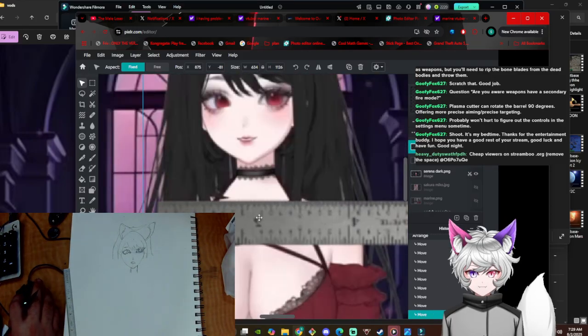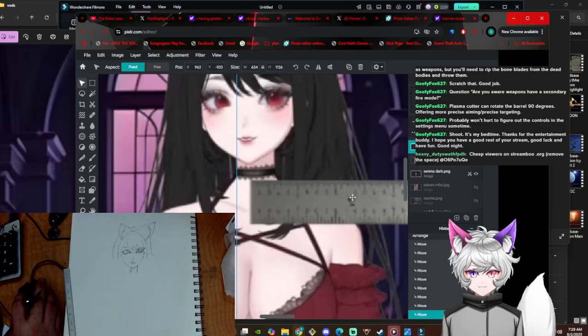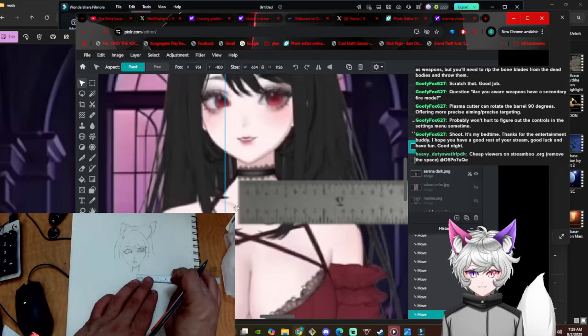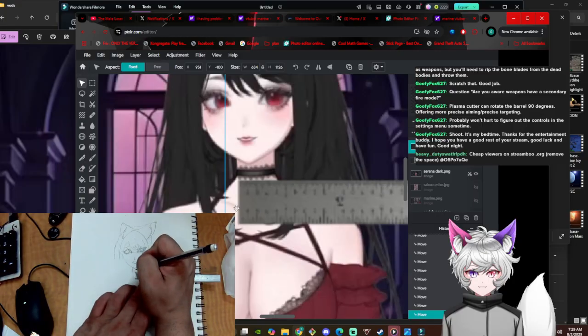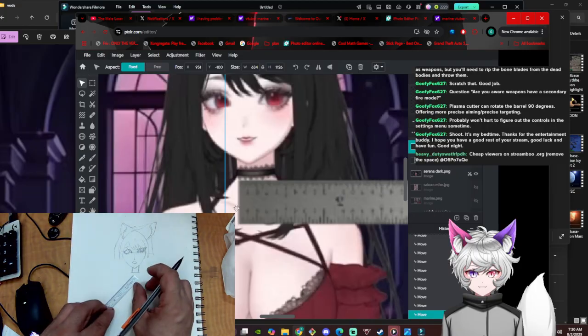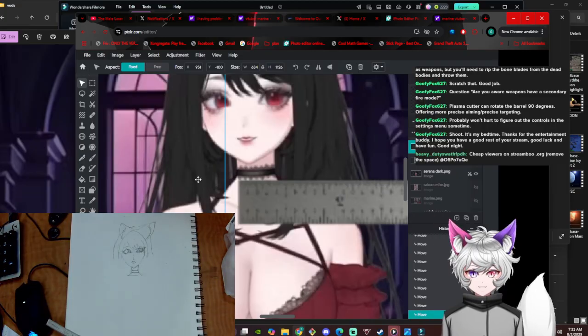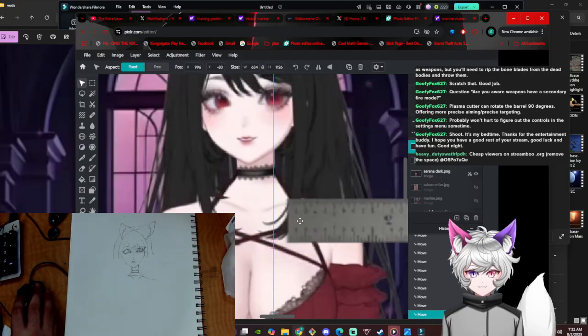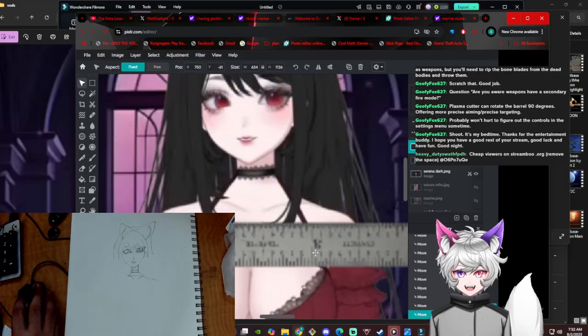So this would be our triangle, which is about halfway from the collar bone, about there. And this is where it starts to descend to your normal type.